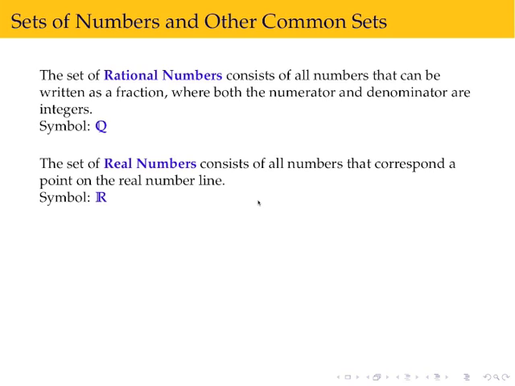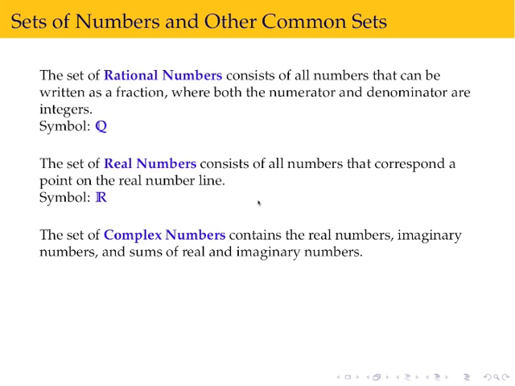And finally, our last number set is the set of complex numbers. This includes the real numbers, imaginary numbers, and sums of real and imaginary numbers. Now, in this class, we have not talked about imaginary numbers yet. If you don't have a lot of prior exposure to imaginary numbers, don't worry, we will spend a whole week on imaginary and complex numbers.